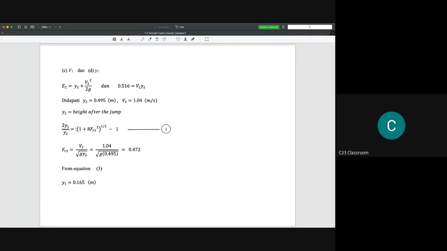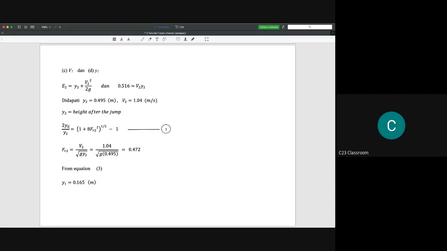But in this equation, I write it in reverse version. This calculation is about calculating the ratio between y1 and y2, so we could use it in the reverse direction.